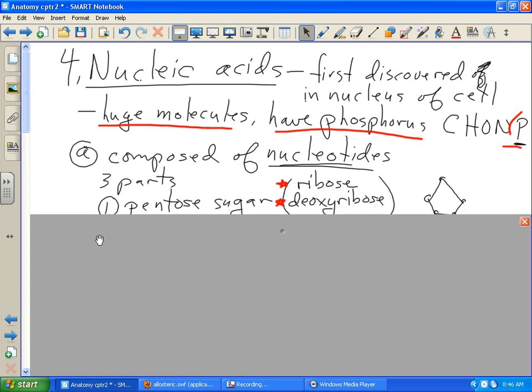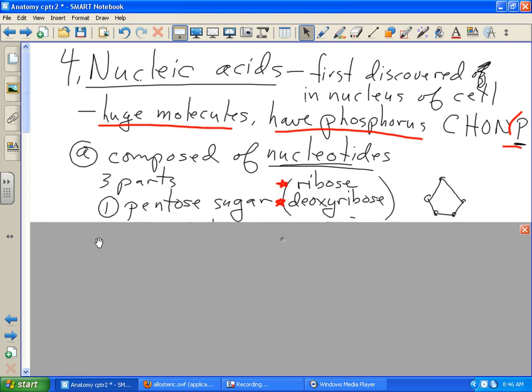There are 3 parts, and some of this might come back to you, potentially. The 3 parts of a nucleotide. The first part is a pentose sugar, means it has 5 carbons, and there's 2 options. One's called ribose, and one's called deoxyribose.